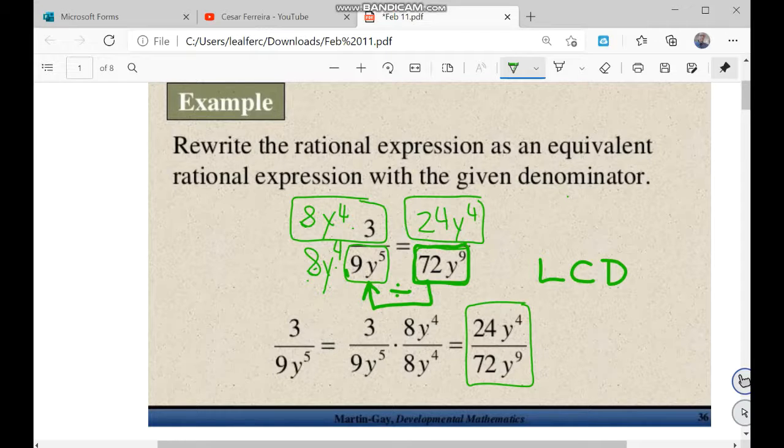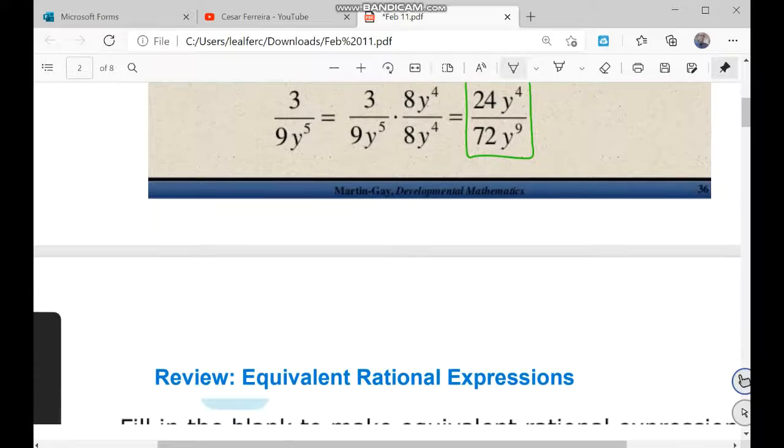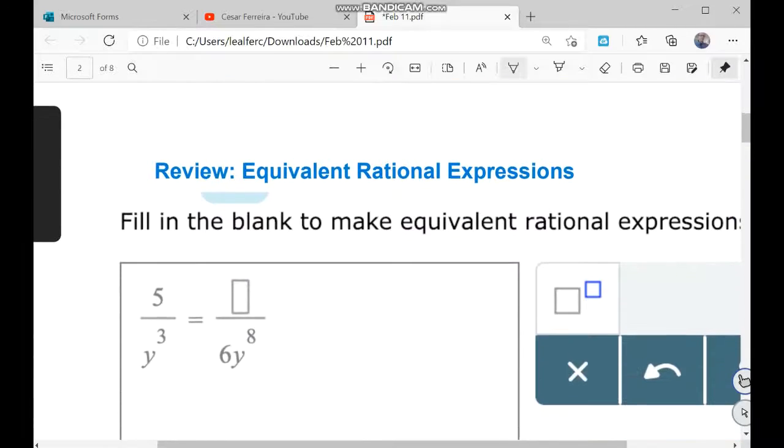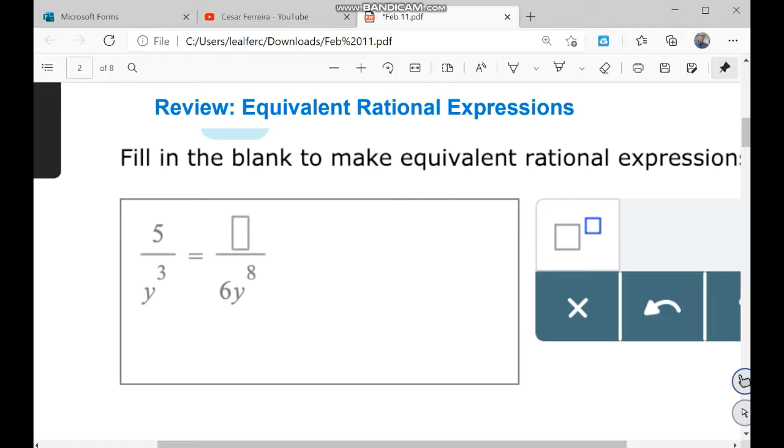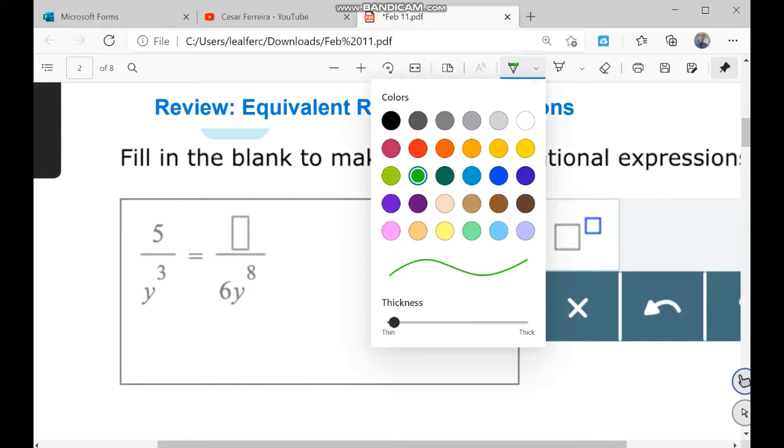Let me check if you remember. See the next slide, and you will fill this out for me. You're going to answer what's going to be the value of the new denominator, or tell me what is the step by step to find the new numerator. We have the new denominator.